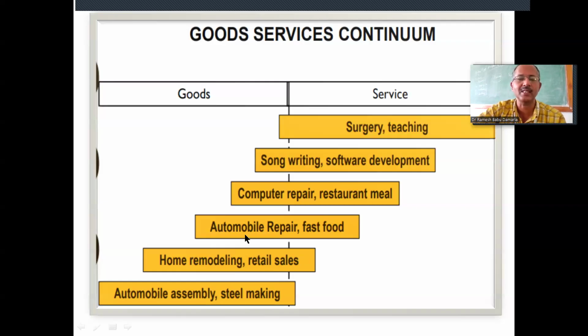Next, another good example is automobile repair. Earlier we discussed automobile manufacturing assembly. Now automobile repair, like a dealer arranging for service of a car. When we go for service, as you all know, the car will be checked by the technician, an expert, who verifies whether all the systems are okay.